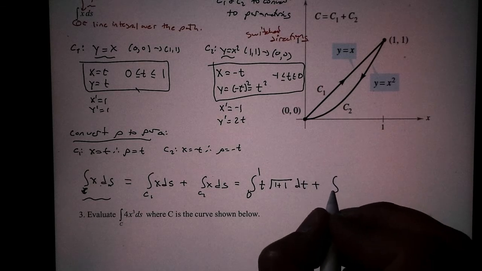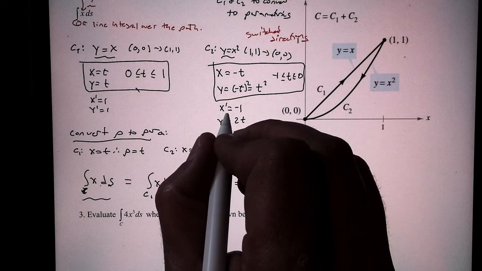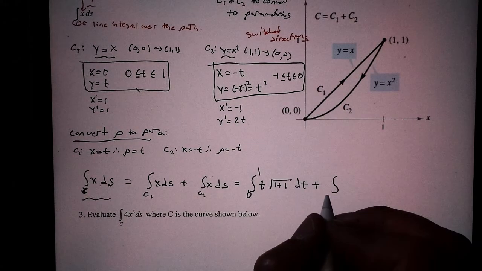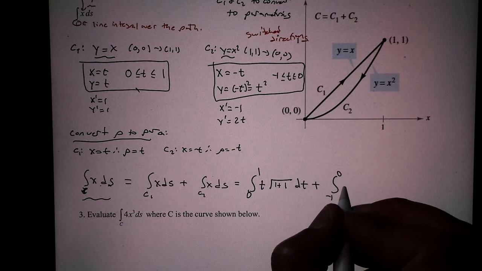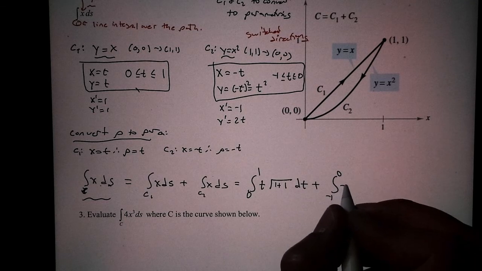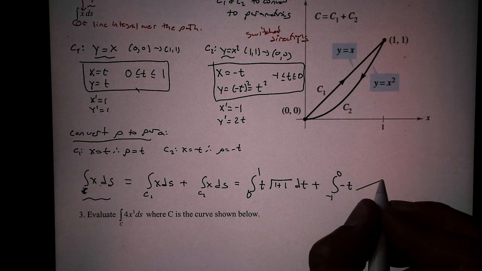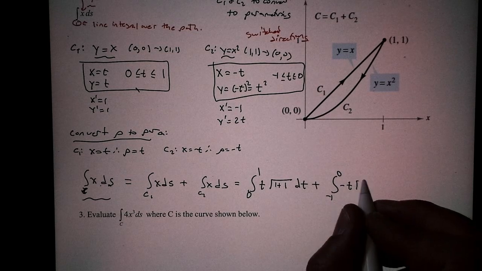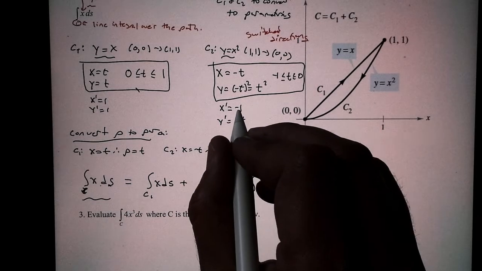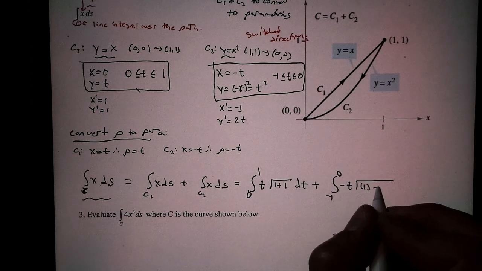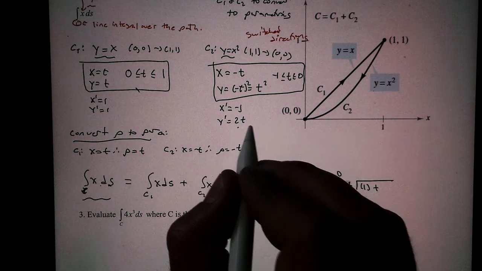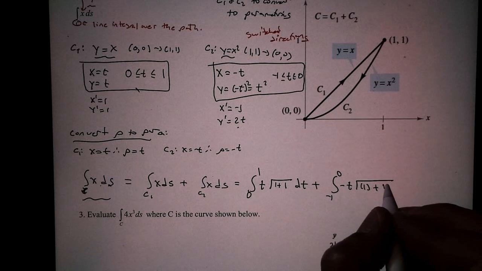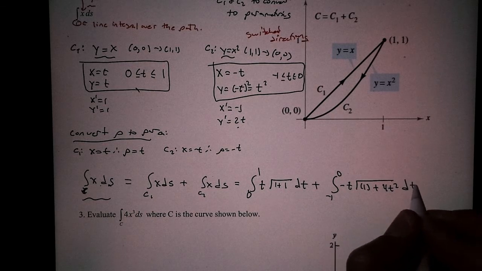Plus, my second path starts at t equals -1 and goes to 0. Rho here is negative t, times the square root of x prime squared, so that's just 1, plus y prime squared, which is 4t squared, dt.